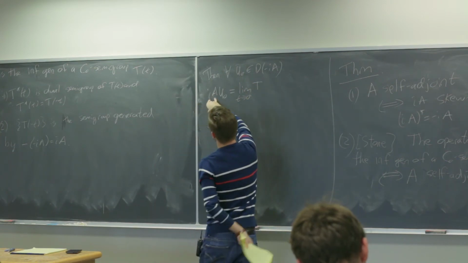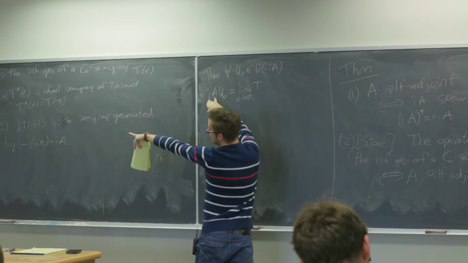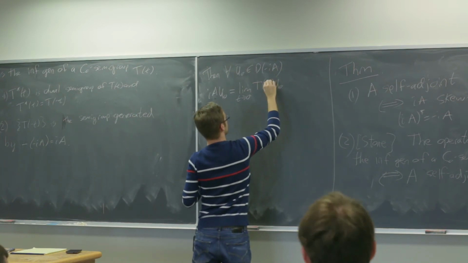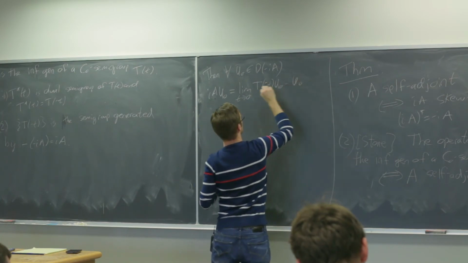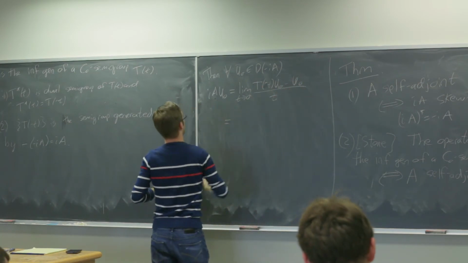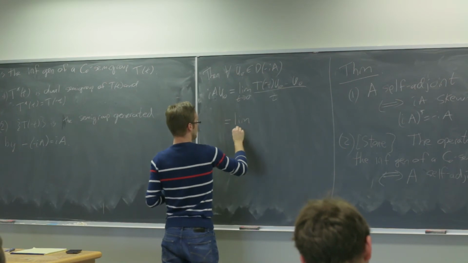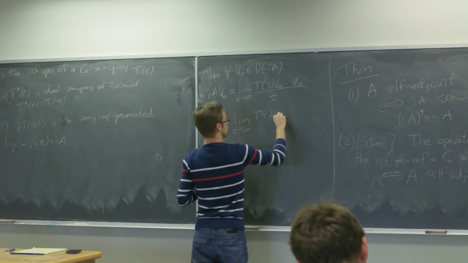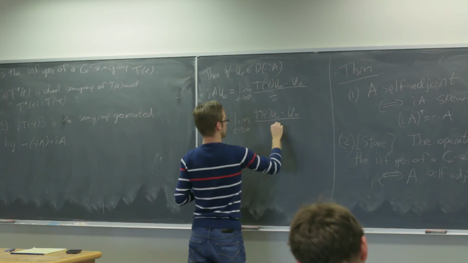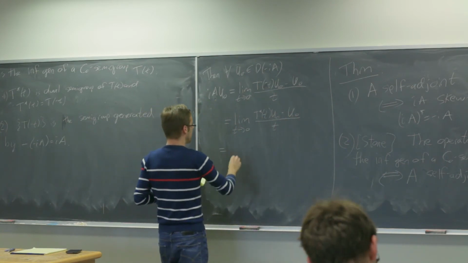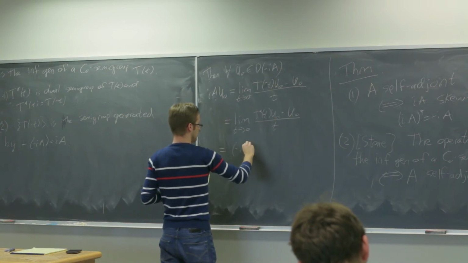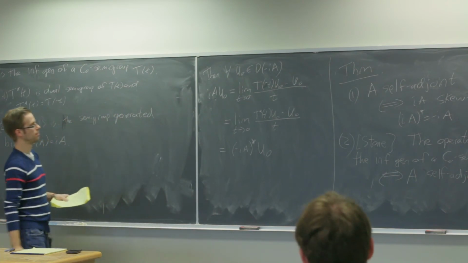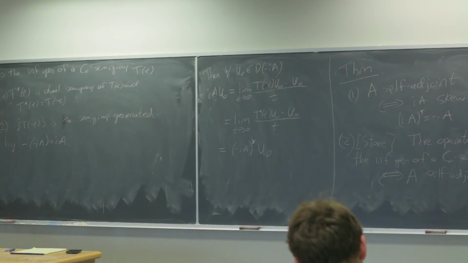So iA is the infinitesimal generator by 2 of T(-t). So this is T(-t)u0 minus u0 over t. But by part 1 of the exercise, T(-t) is T*(t), u0 minus u0 over t. And this will be (minus iA)* acting on u0. So here we're relying explicitly on these two exercises.